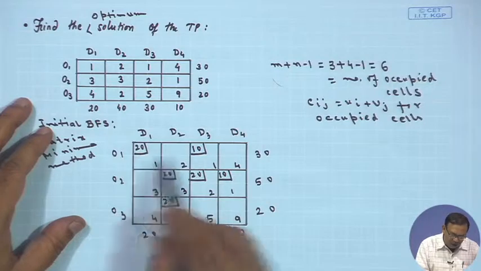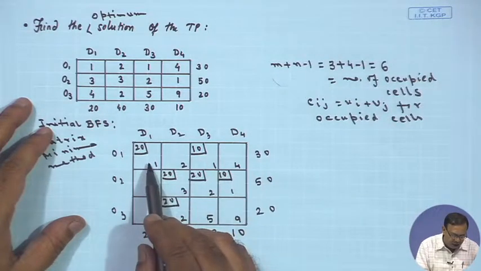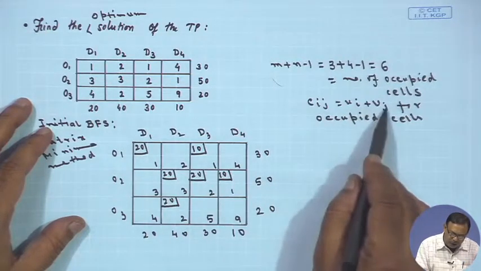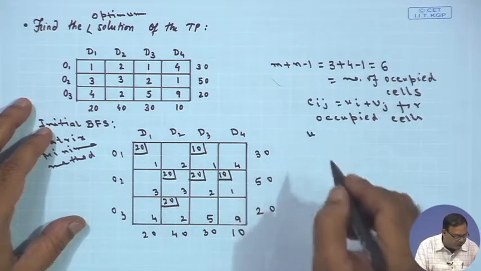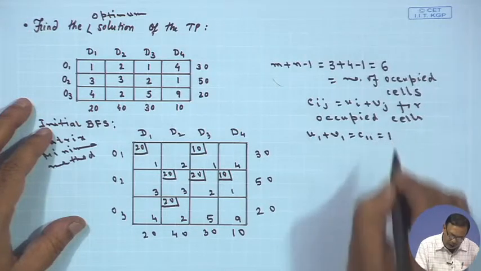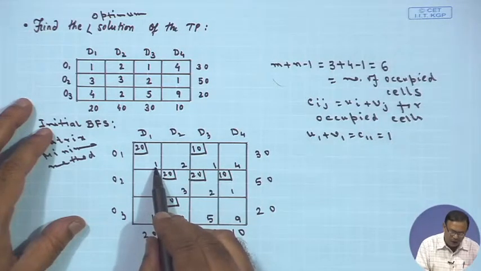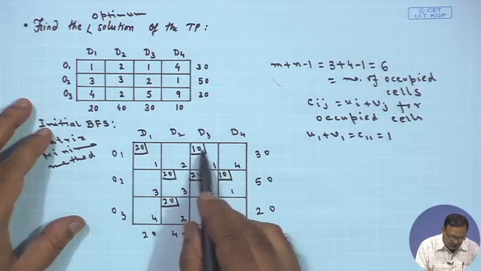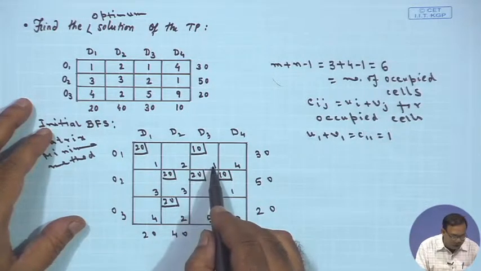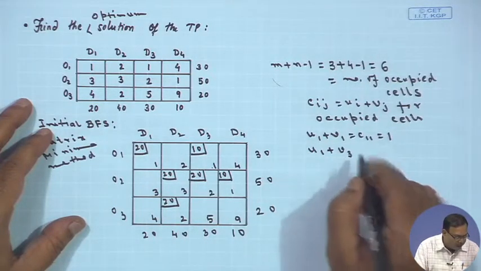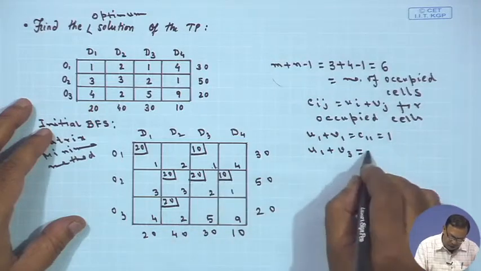First occupied cell is this one, this is 1,1. So, in terms of i is 1, j is 1, you will obtain U1 plus V1 equals C11, and the cost C11 is 1. The next occupied cell is 1,3. So, you will write U1 plus V3, the cost is equal to 1.